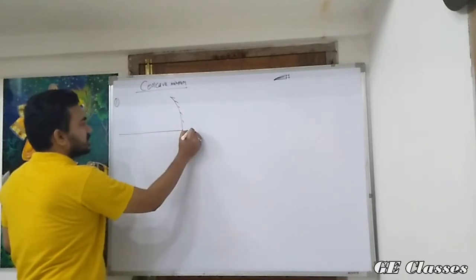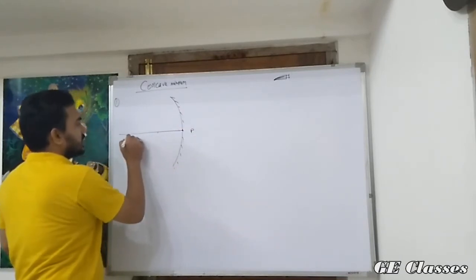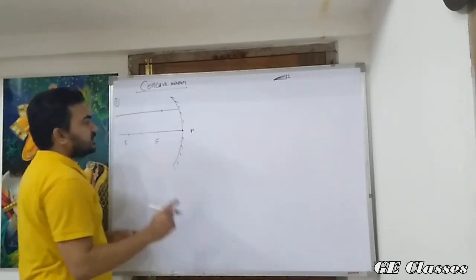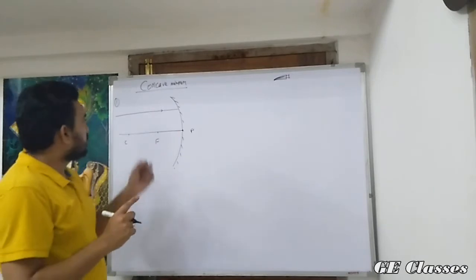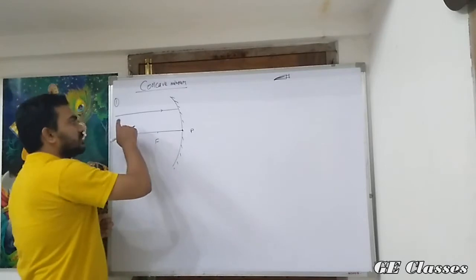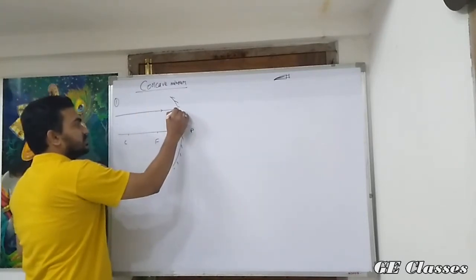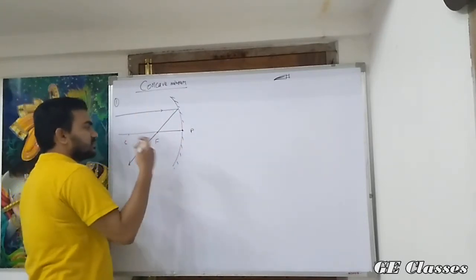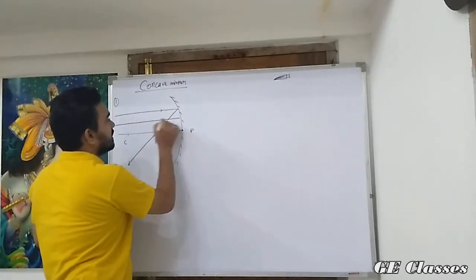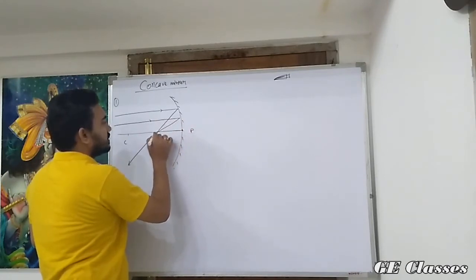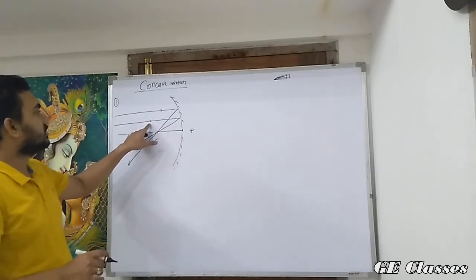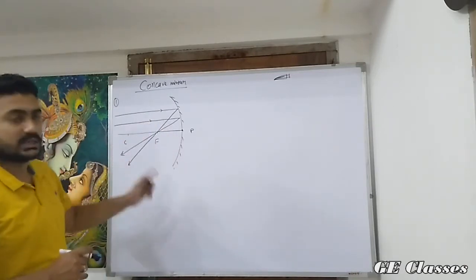So this is my principal axis, this is my pole, focus and center of curvature. Now if this is one of the parallel rays, remember that at least one incident ray must be parallel to the principal axis. After reflection, this has to pass through the focus, which is the basic definition of focus, and the other one, which is also parallel, after reflection comes through F. Remember that we must give these arrow symbols to denote the direction.